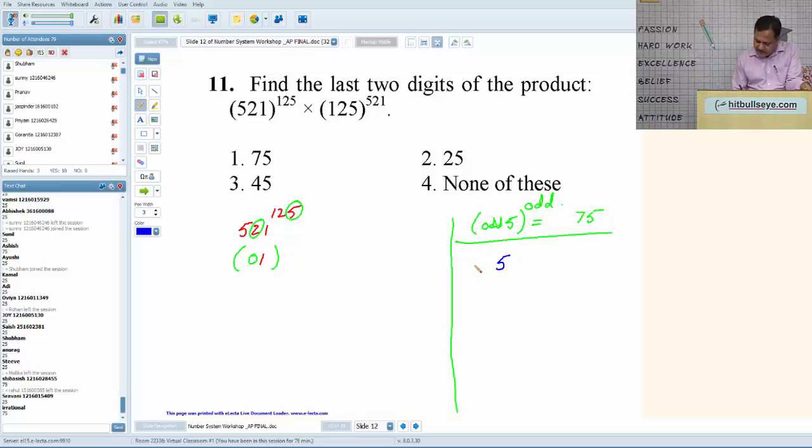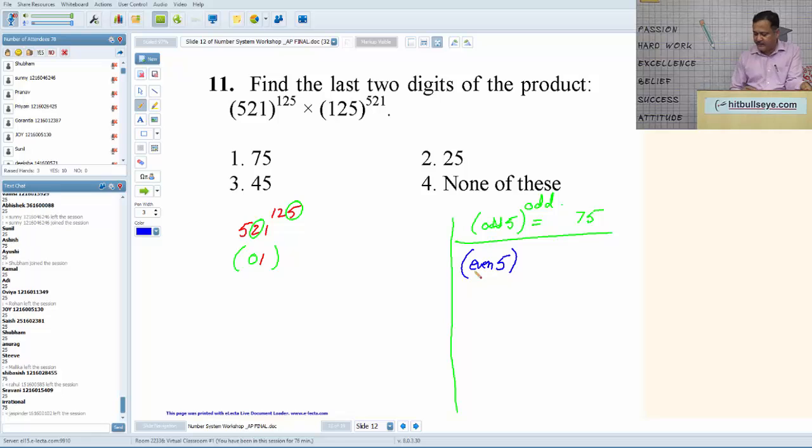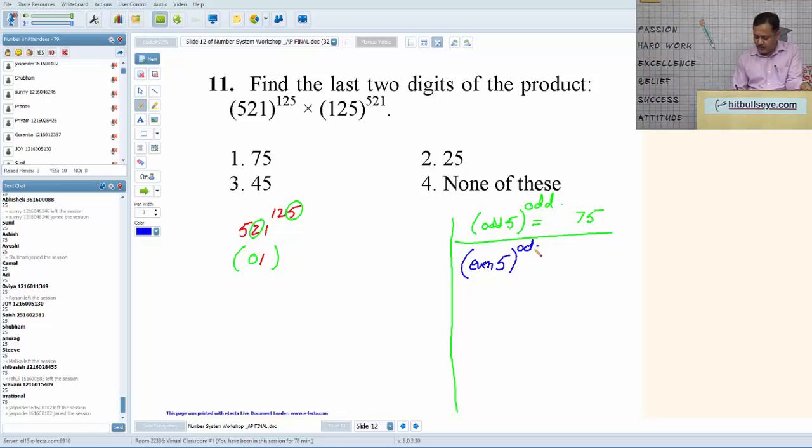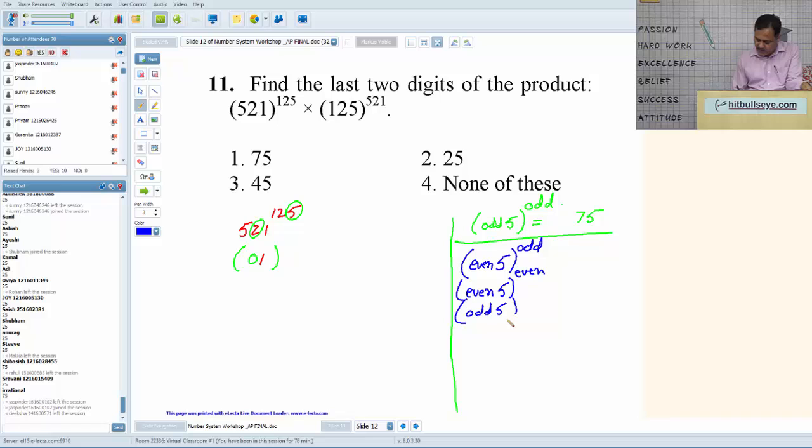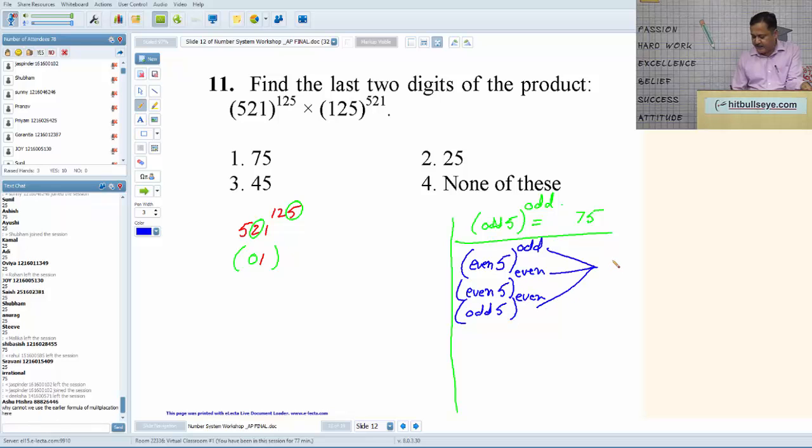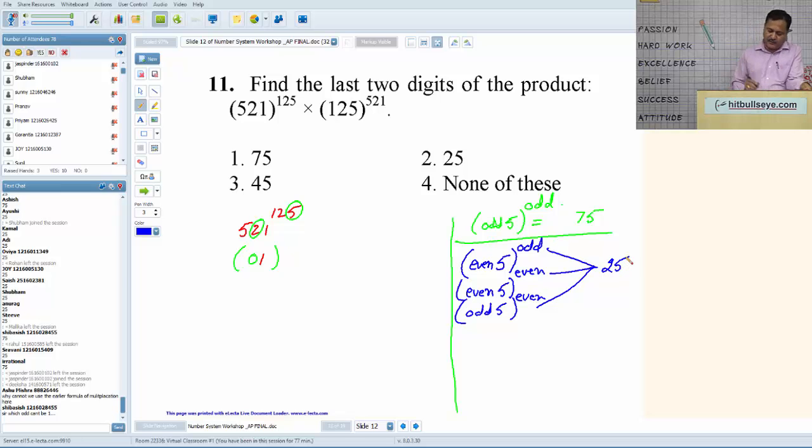Otherwise, if there is an even number before 5 and the power is odd, or there is an even number before 5 and the power is even, or there is an odd number before 5 and the power is even, in these 3 cases the last 2 digits would be 25.